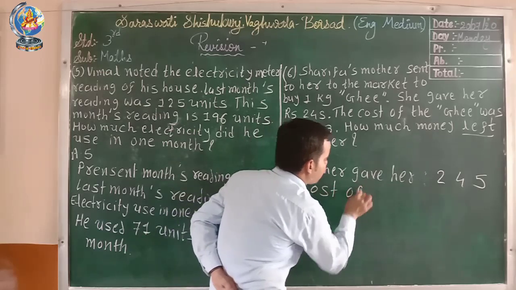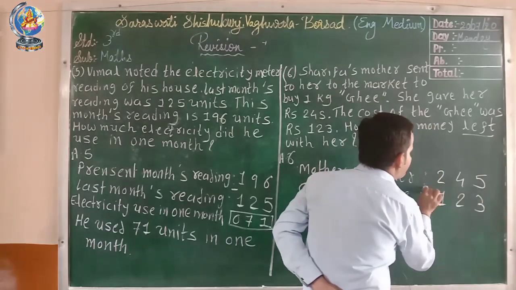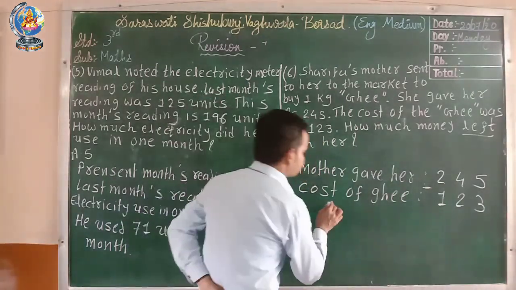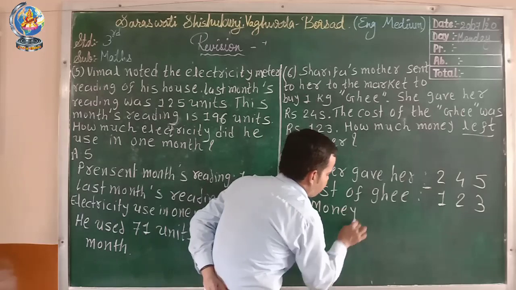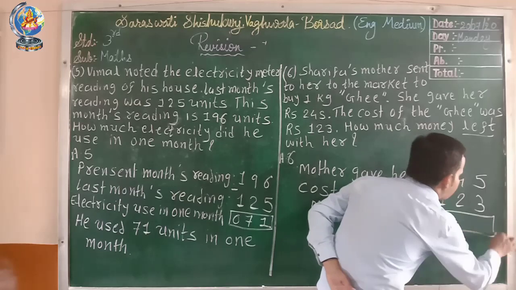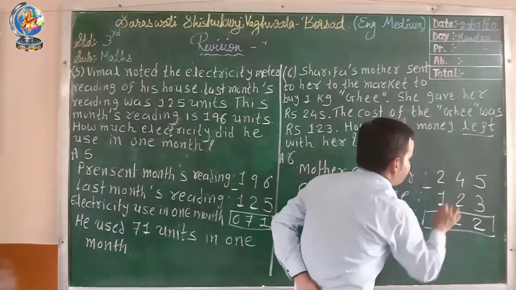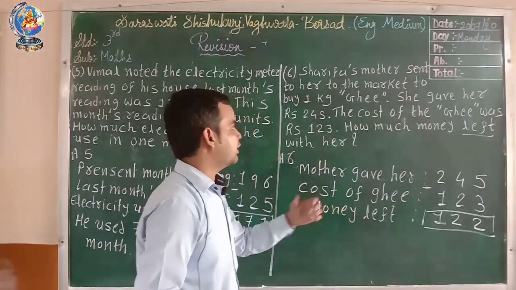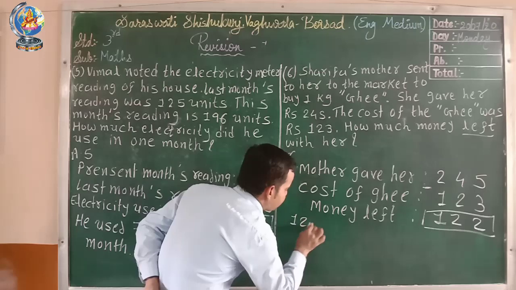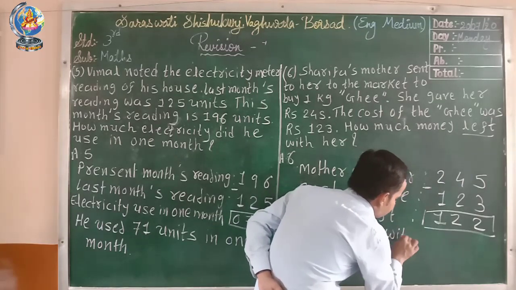So we write cost of ghee, 123. Now we do subtraction because we have to find how much money is left with her. 5 minus 3 is 2, 4 minus 2 is 2, and 2 minus 1 is 1. So 122. 122 rupees left with her.